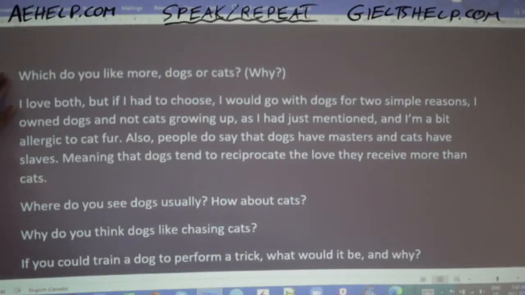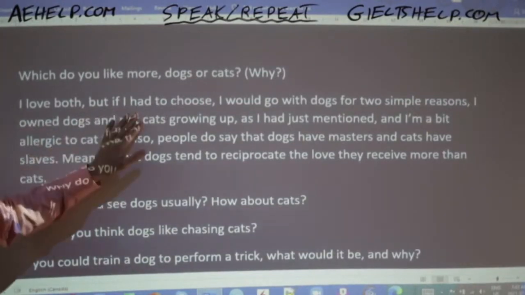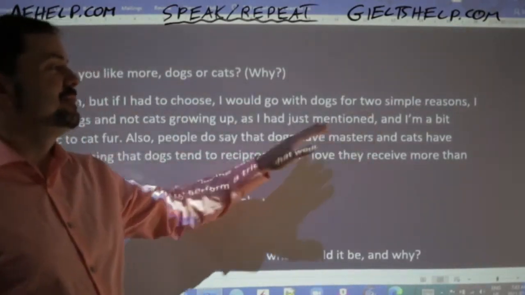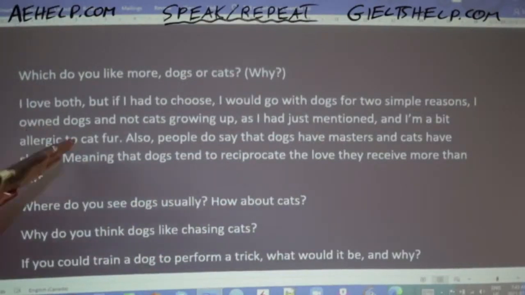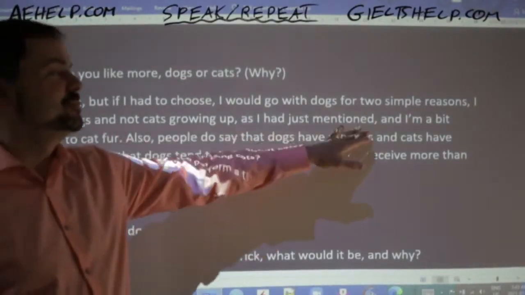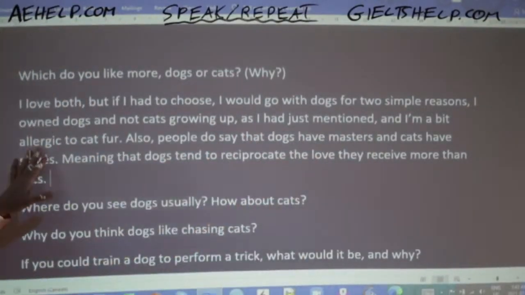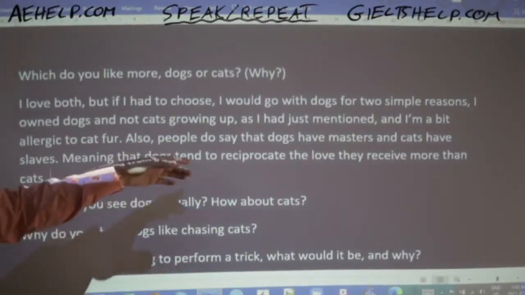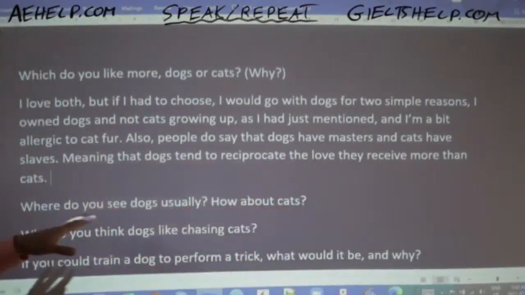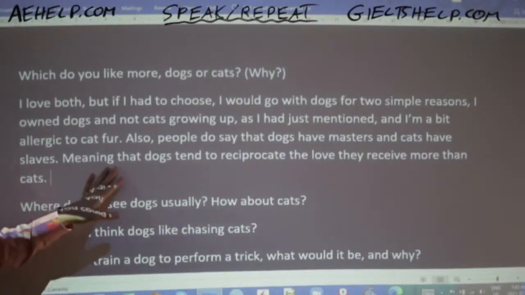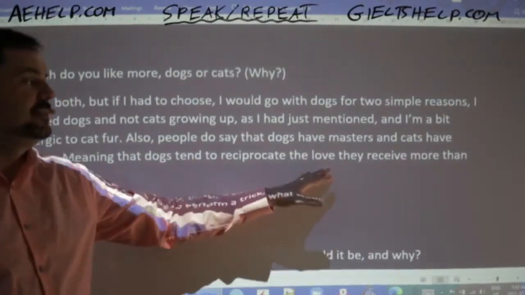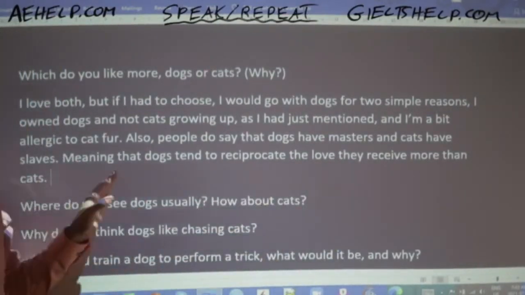Okay, so which do you like more, dogs or cats? I love both, but if I had to choose, I would go with dogs for two simple reasons. I owned dogs and not cats growing up, as I just mentioned, and I'm a bit allergic to cat fur. Also, people do say that dogs have masters and cats have slaves, meaning that dogs tend to reciprocate the love they receive more than cats.